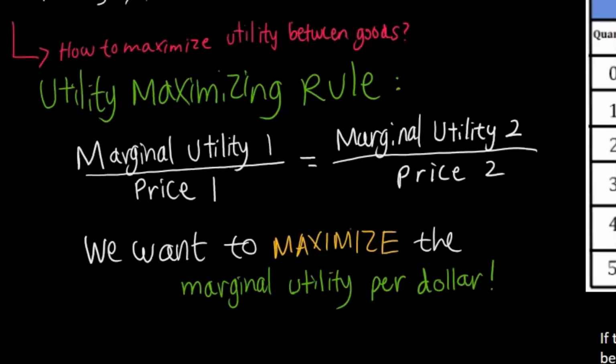You got marginal utility of 1 over price of 1 equals marginal utility of 2 over price of 2. The marginal utility is just the utility that you get from each consecutive pizza slice or each consecutive consumption of a product or service, not your total utility, right? Because we know that total utility is obviously going to increase to a certain point, but marginal utility decreases as you consume more of a product.